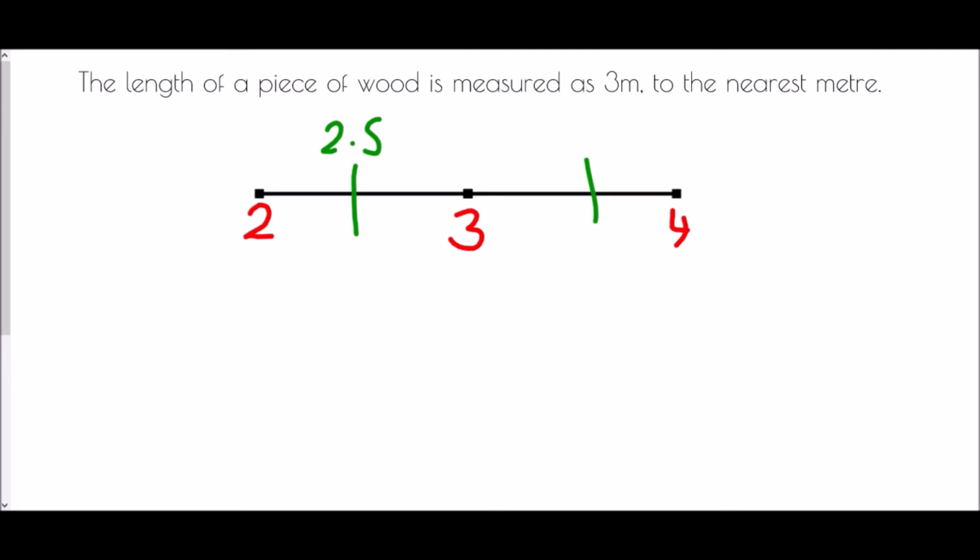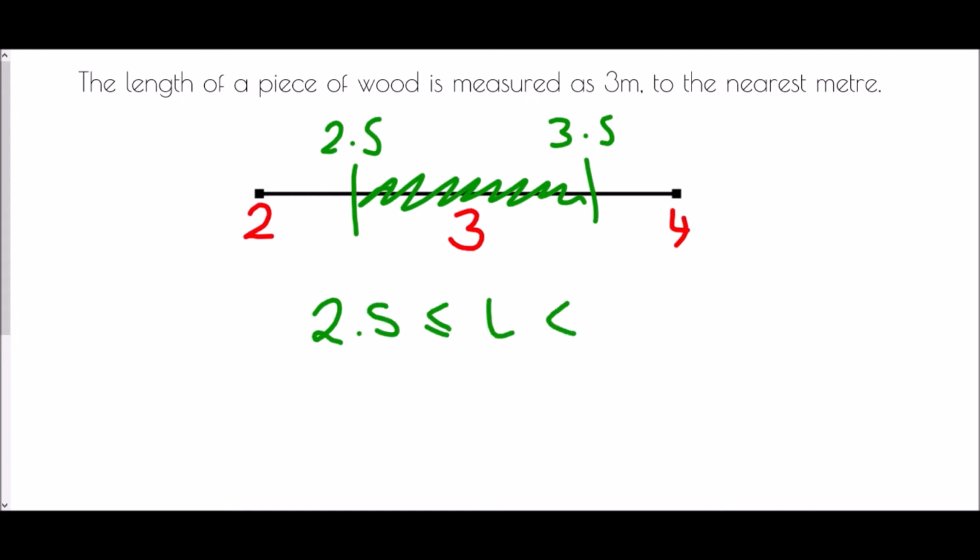Halfway between 3 and 4 is 3.5. Anything in between those two values would have rounded to 3 meters, so anything from 2.5, let's call it L for length, to 3.5. We should also use our units there, meters. 2.5 less than or equal to L, less than 3.5.